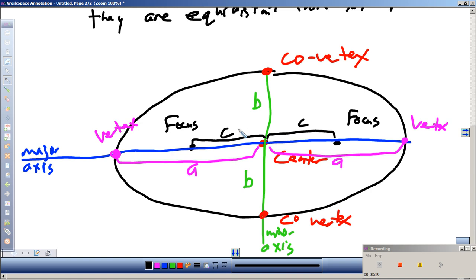Is that a co-vertex? Yes, another co-vertex. So two co-vertices. And if this was a vertical one, all you have to do is turn your head sideways. C is the distance from your center to your focus.